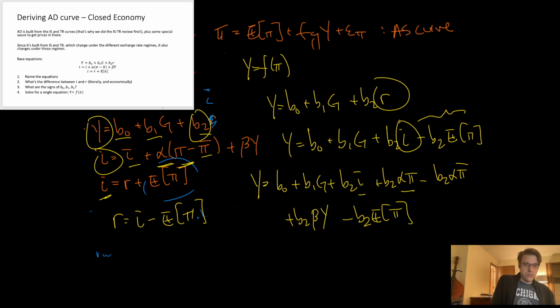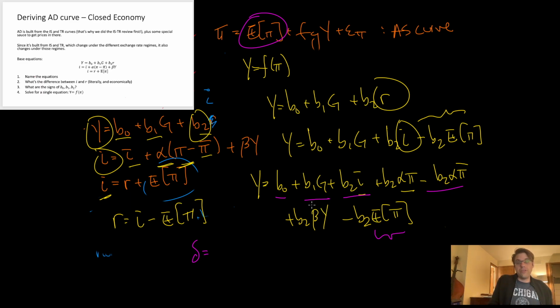Pretty messy, so let's do some gathering, right? We like to gather up terms to make our lives simpler. So let's define delta, and let's put together all of the constant terms. Okay, so b0, b1g, b2 I bar, minus b2 alpha pi bar. I'm going to leave out expectation of pi because I know that eventually we're going to have to plug it into pi, and so we'll be able to gather terms there. Also because maybe we're interested in studying expectations, like what's the effect of expectations on inflation?